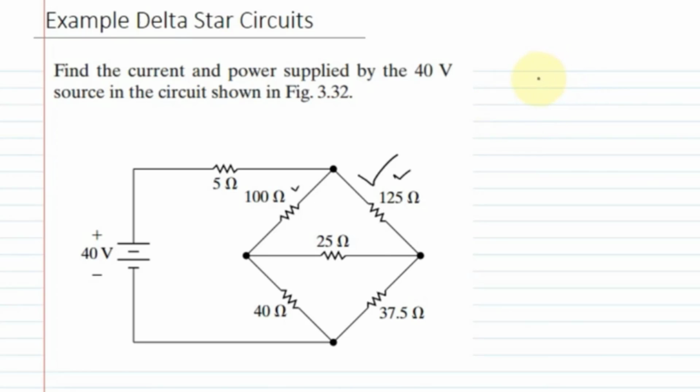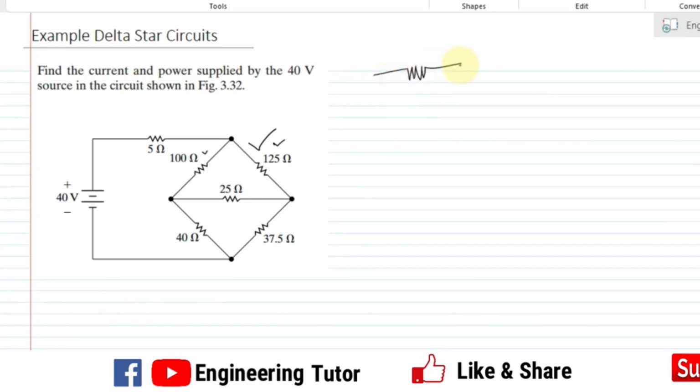So in the first step, this is our circuit here. These are our resistors which are given.